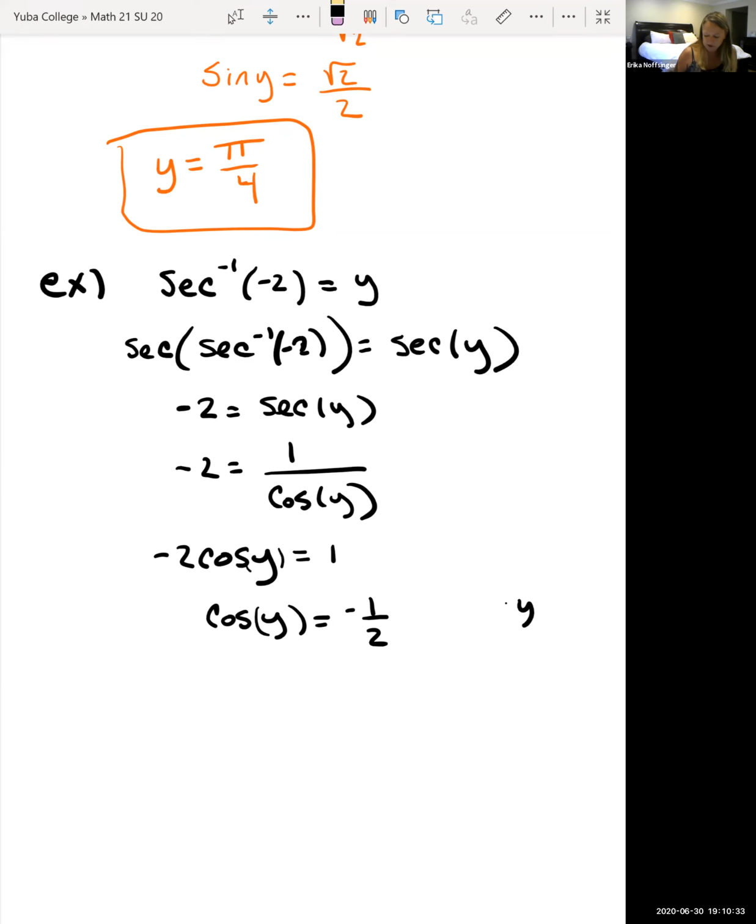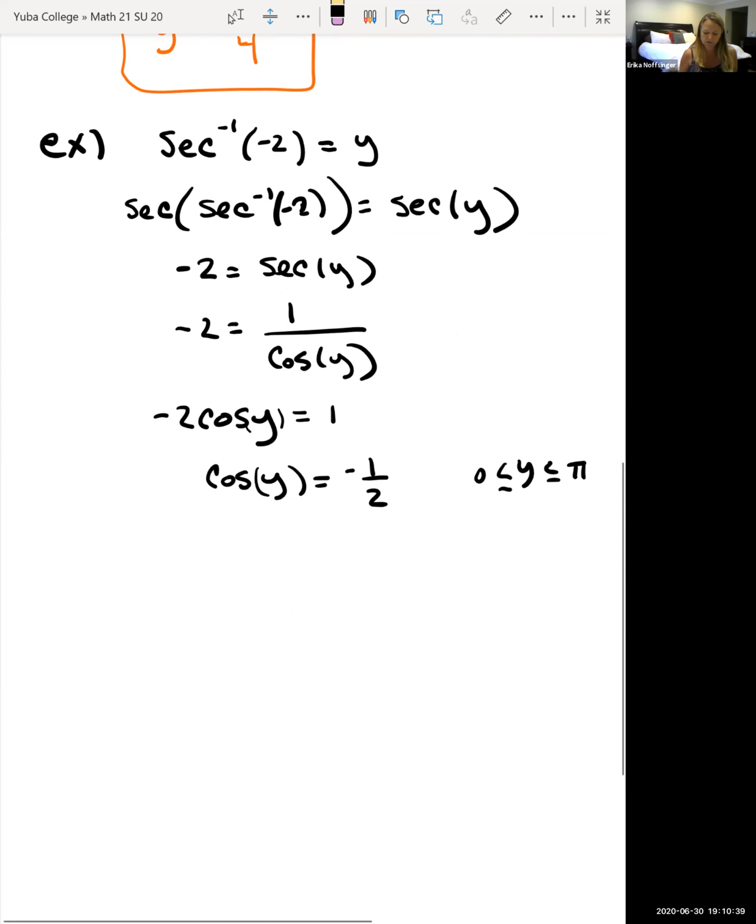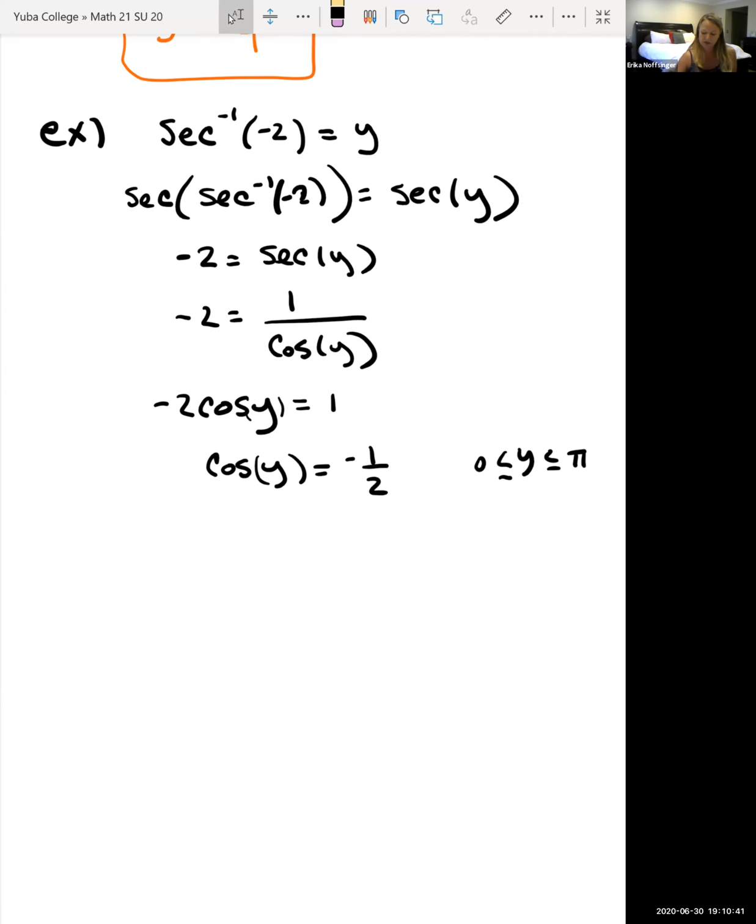Y has to be between 0 and pi for cosine. So I know that I'm in my second quadrant, between pi halves and pi, to get cosine negative. I would first think about what my reference angle is, by thinking what cosine value gives me +1/2. That's 60 degrees or pi thirds.